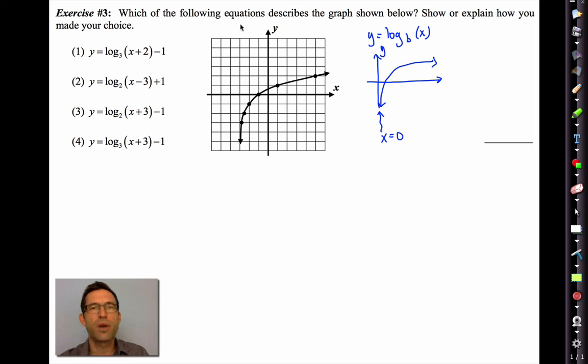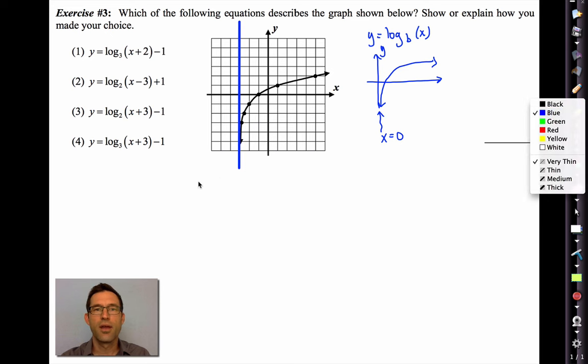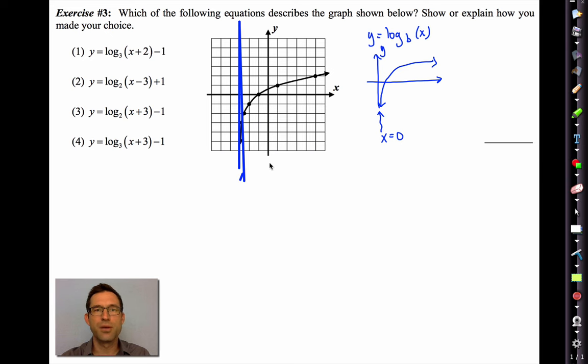But this one on the other hand goes vertical a little bit different. It goes vertical at x equals -3, which means this graph must have been shifted 3 units left.